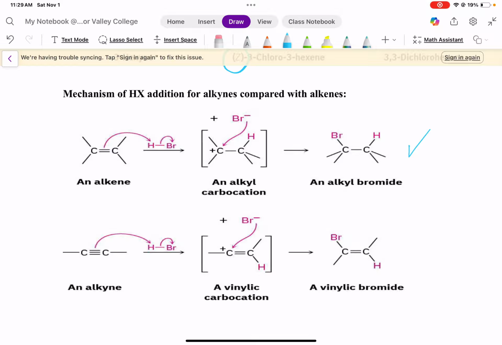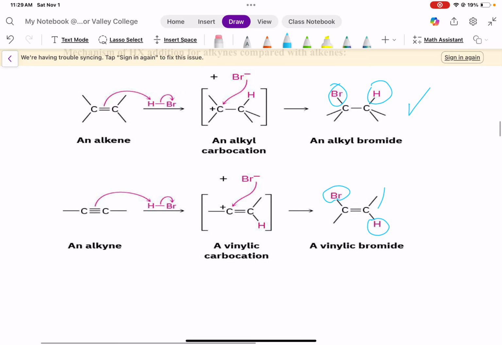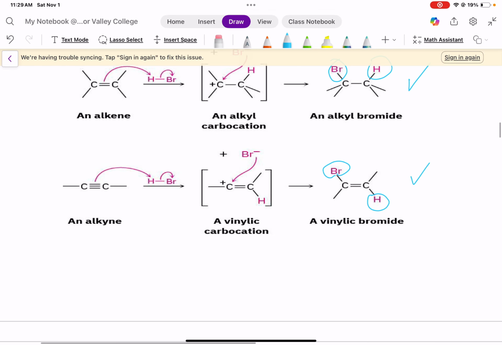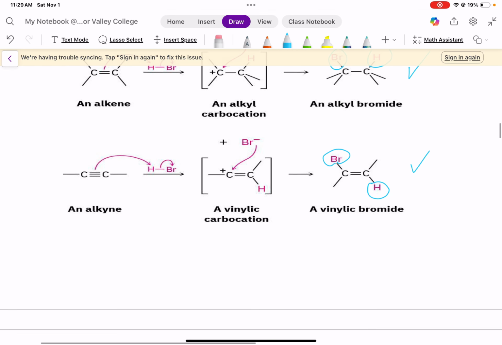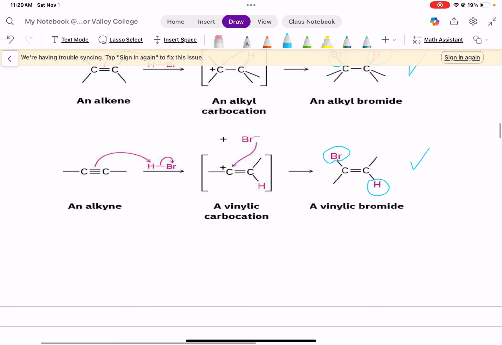This one, it looked like they come in on the same side, but it doesn't matter because it's a single bond with free rotation. But this one, they do come in on the opposite side. That doesn't mean it's a trans though. Okay. So just to give you an idea how HBr or HCl adds to the triple bond, just one.